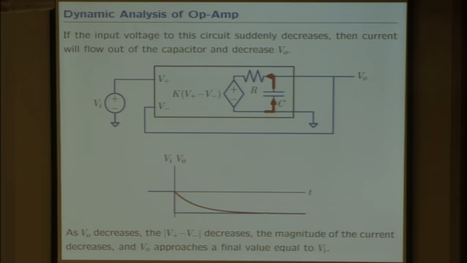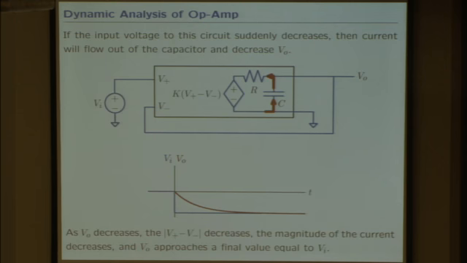The same thing happens in reverse if I were to change the input voltage and make it go negative. If the input voltage went negative, then K times (V plus minus V minus) would be a big negative number, and it would suck current out. The voltage-controlled voltage source would suck current out of the capacitor and make the voltage fall.